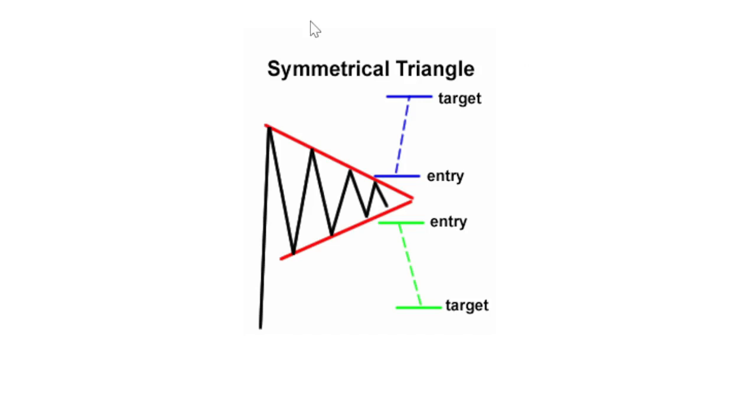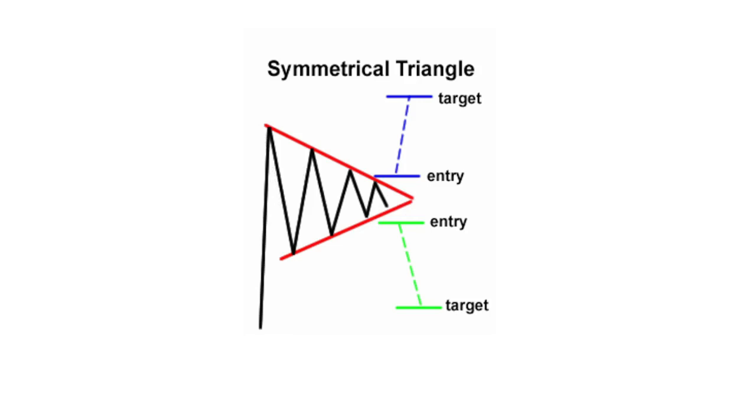So this is formed first of all by a series of two converging lines that is connecting a series of sequential peaks and troughs. So the height of each side is about of equal length.